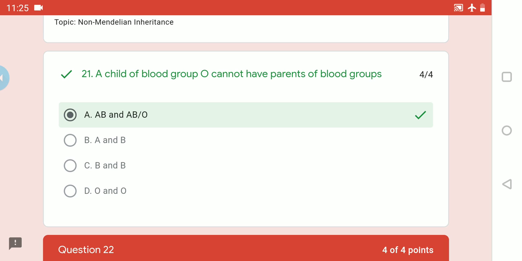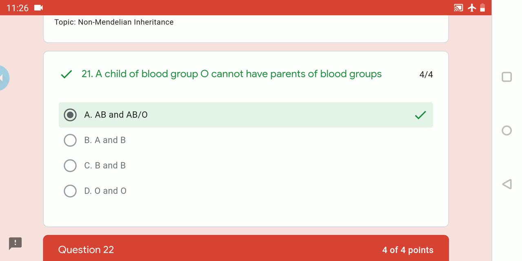But in this case they are asking cannot have parents of the blood group, that should not be there. If homozygous A or heterozygous A, out of these conditions, if heterozygous is there, surely the O blood group will arise. But here they are asking in the reverse manner. A child of blood group O, means small i, or we can also say i to the power of 0.